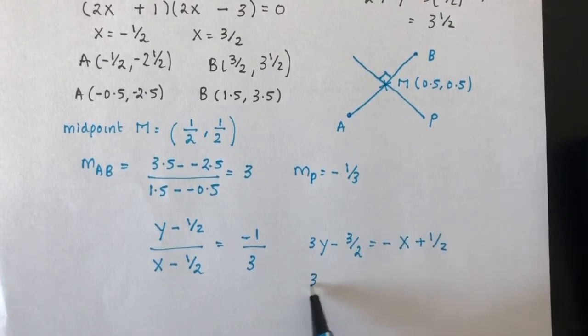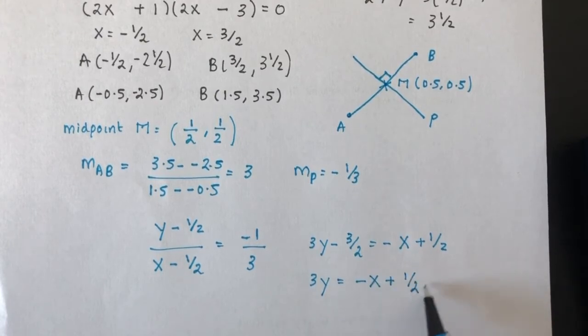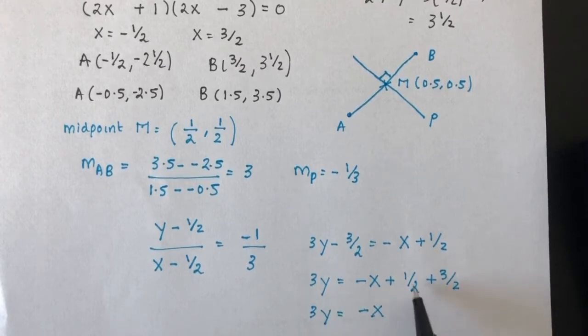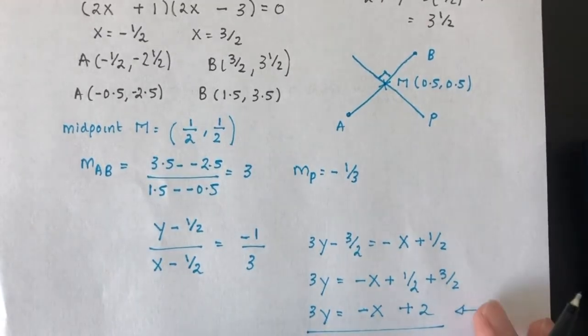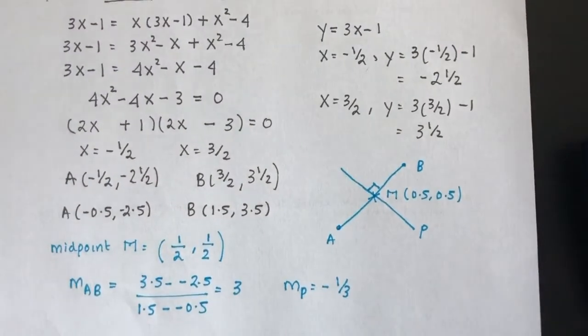So 3y is equal to minus x plus half plus 3 over 2. So 3y is equal to minus x plus 2. This is your equation of the perpendicular bisector of line AB. That will be your question number 5.